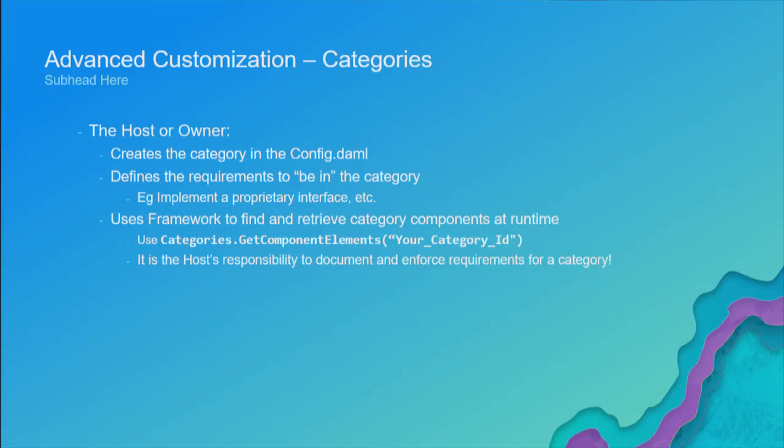And it is the host's responsibility to enforce any requirements it has. When you do update tab or update menu or whatnot, Framework did it all for you. I didn't show any code to figure out that at runtime there was an add-in that was updating that tab. That was done free of charge. In this case, we're doing the work. It's our category. We have to find the elements, okay, and determine whether we load them or not.